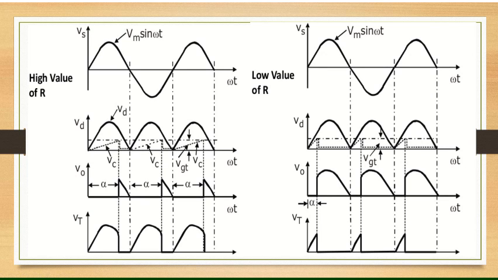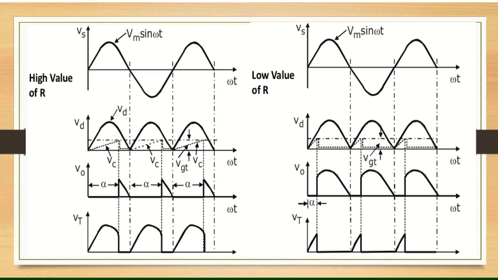Now compare here both the conditions, for high value of R and low value of R. So the time constant tau depends on the value of R, isn't it? So by varying the R value, you are able to vary this time constant.